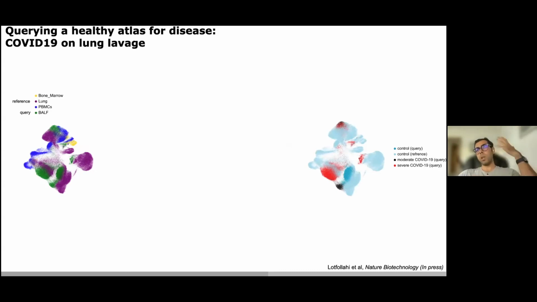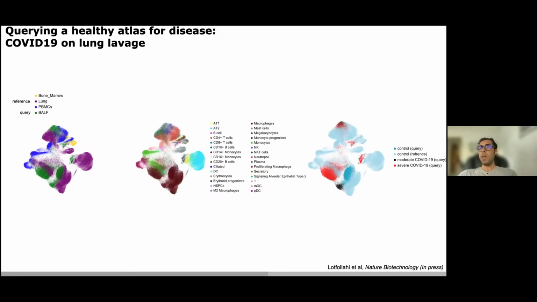We showed that once you have this healthy reference, you can use scArches to project this new cohort on top of the reference atlas. Then we went into the population that got integrated and the population that did not get integrated to check whether the whole thing makes sense.